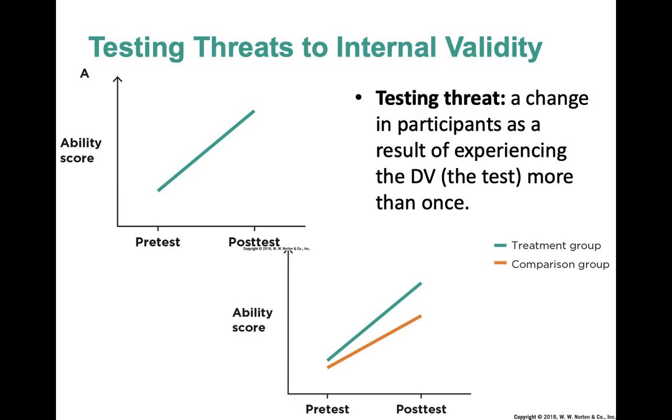We see more of an improvement. So some amount of change is due to practice, but the additional improvement is due to the treatment. So having a comparison group is a way to assess and parse apart how much of the effect is due to testing, and how much is due to the effect of the treatment.